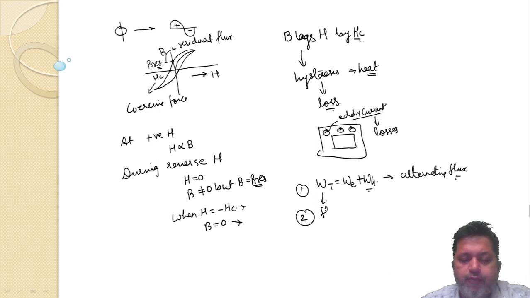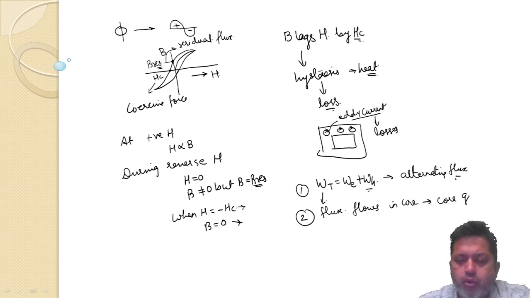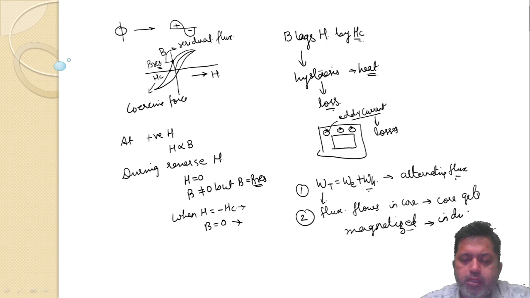Second, flux also flows in the core, that means core magnetization. Whenever I am saying magnetized, that means it is an active phenomenon. Okay. So core flux will have two functions.